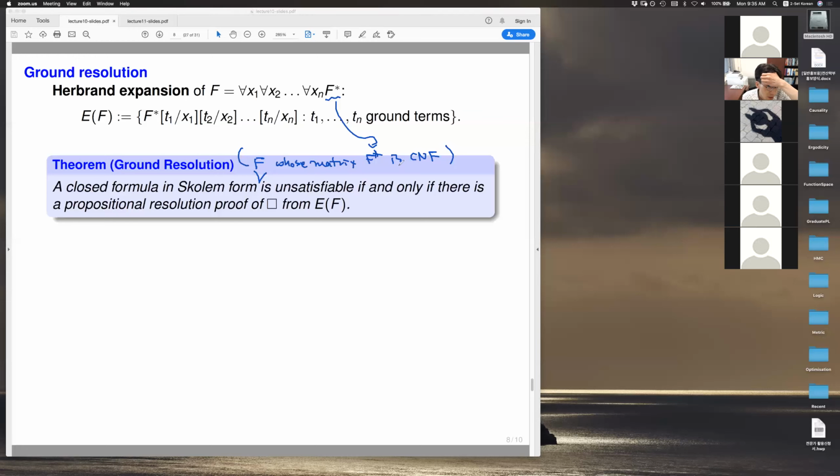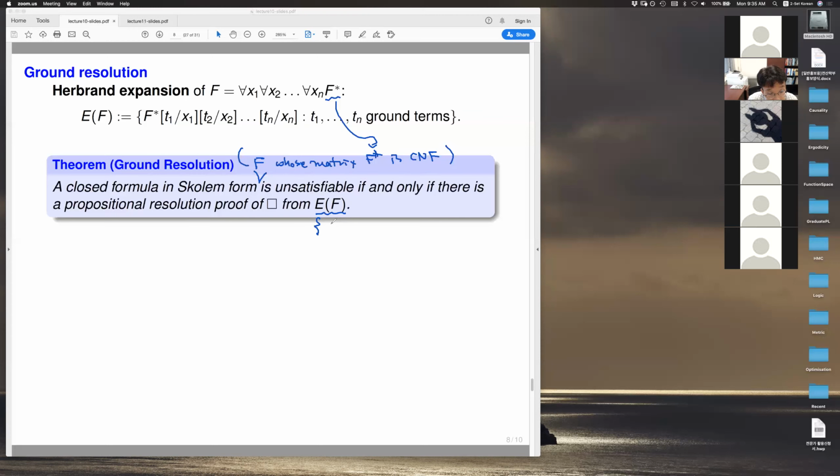In that case, this formula F is unsatisfiable if and only if there is a propositional resolution proof from the Herbrand expansion of the formula F.